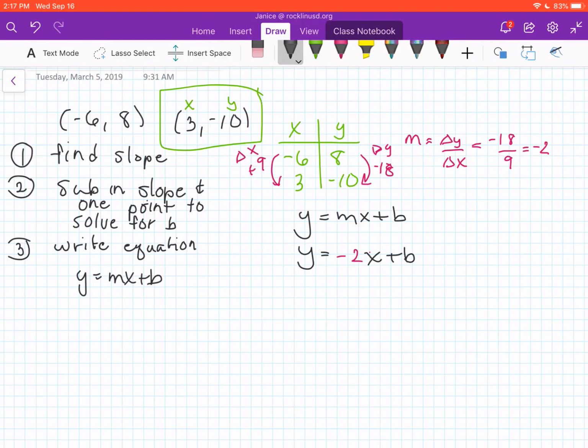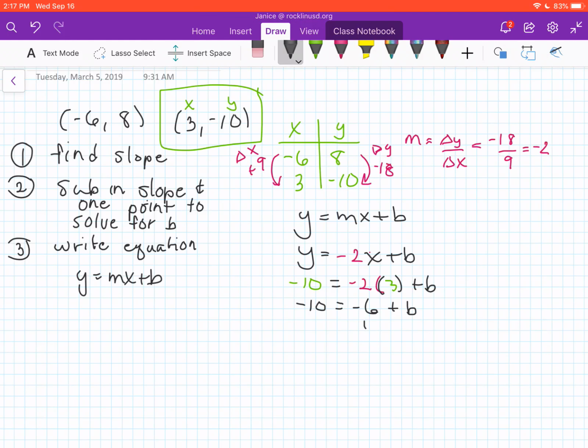So let's substitute in. So the y is -10 equals, my slope is still -2, and then my x is 3 plus b. Okay, so there is what I get after I substitute everything. And working this whole thing out, I have -10 on the left. -2 times 3 is -6 plus b.